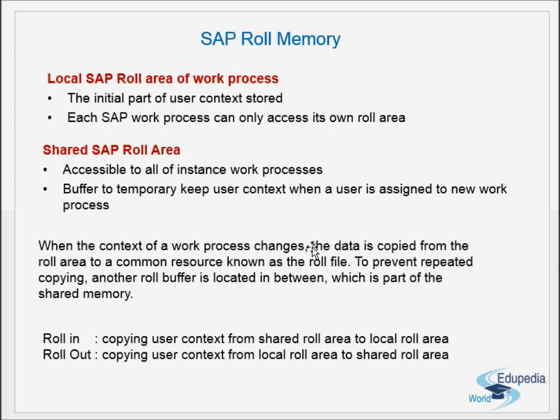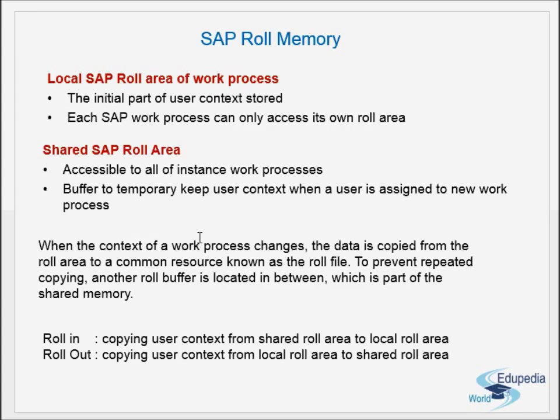So the first time you log in, a user context is created in the work process role area, and every work process has its own role area. These two things we should be clear about: the local SAP role area of a work process, and the next one, the shared SAP role area.